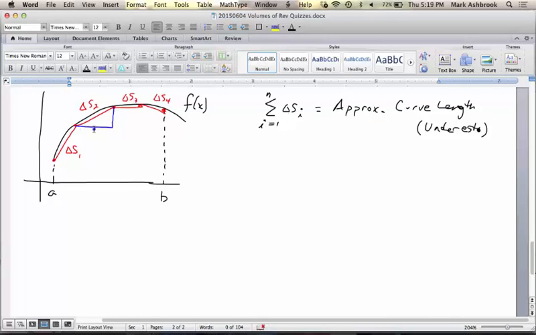What is this right here? Delta x. And this is delta y. So delta s is going to be the square root of delta x squared plus delta y squared.